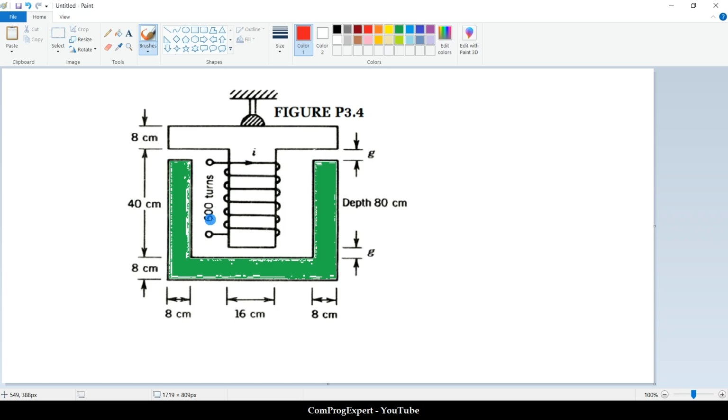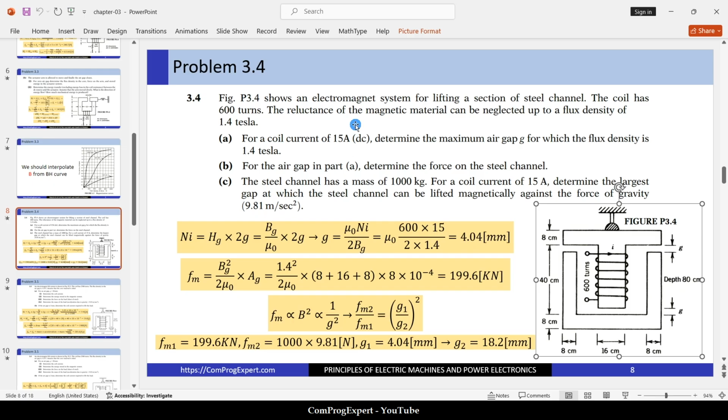The number of turns is 600. By exciting this coil, we have a force in the y direction applied to this steel channel. According to this problem, when the flux density is below 1.4 Tesla, we can neglect the reluctance of the iron.